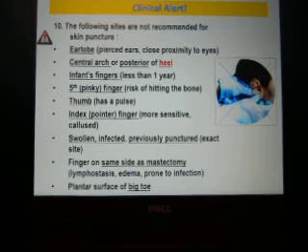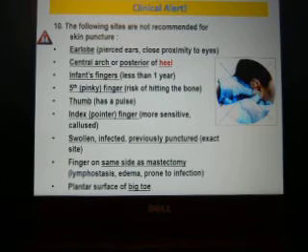Okay, so then we also have sites that are not recommended for skin puncture. And if you'll notice in your textbook on page 379, there's a really good photo that kind of shows you exactly where you want to stick your patient on their finger. Okay, so make sure you're checking that textbook as well.